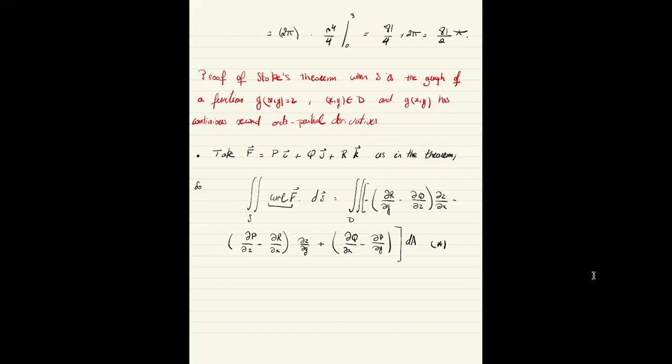So, it's really the curl of f. You compute the curl of f, which is these three vectors here. And then dS will be, remember the formula, you have r_x and r_y, and you will have to compute r_x times r_y, and then take the scalar product of the curl of f with r_x times r_y.